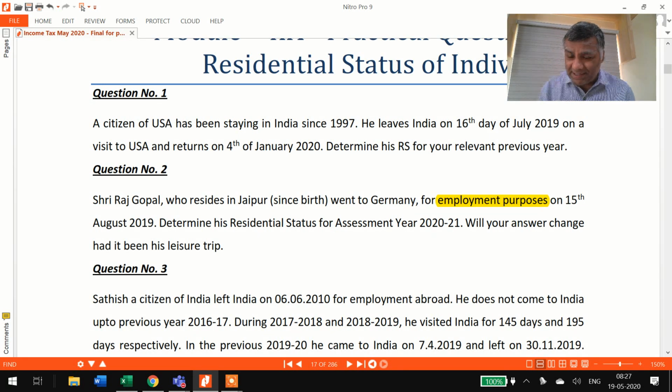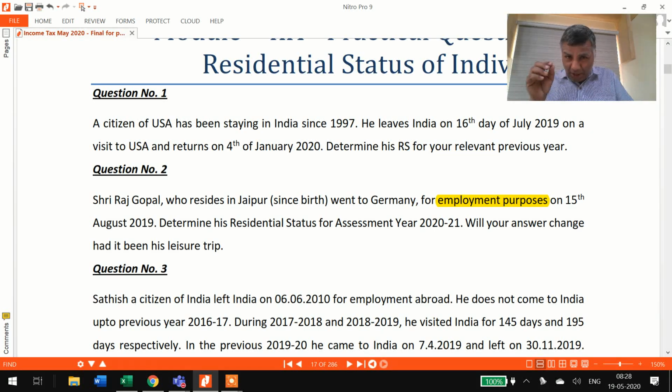Why is this key terminology? Because the second basic condition is not applicable for them. For assessees leaving for employment purposes, permanently settling, there is no second basic condition. Only 182 days is applicable.